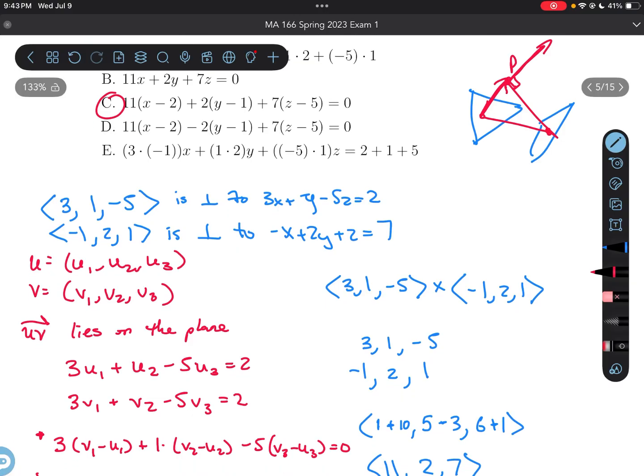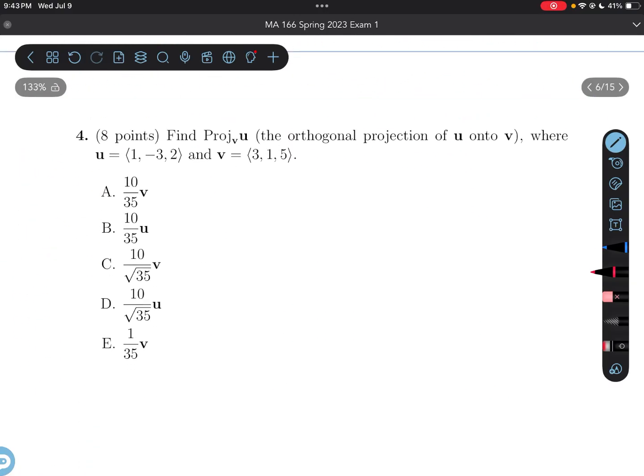Okay, moving on to question 4. Question 4 says find the orthogonal projection of u onto v, where u is equal to 1, -3, 2, and v is equal to 3, 1, 5.